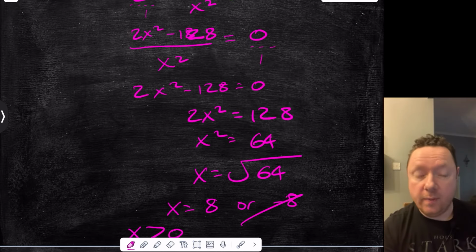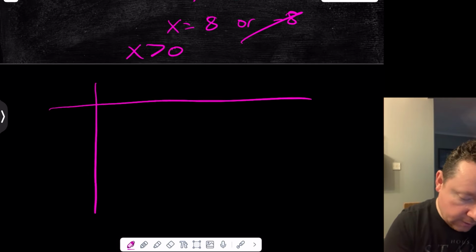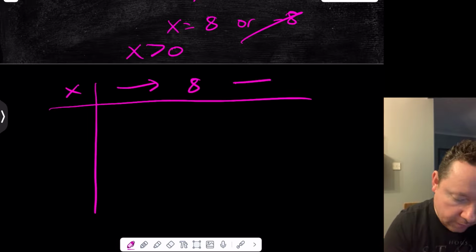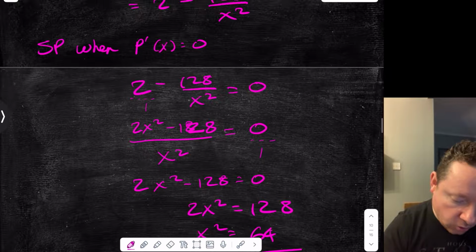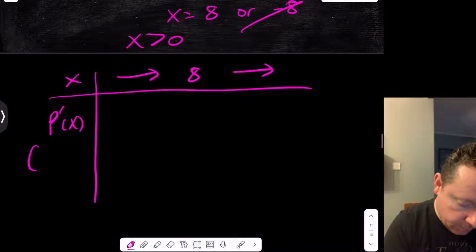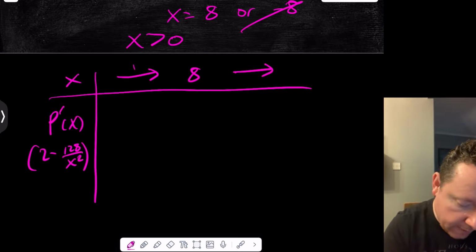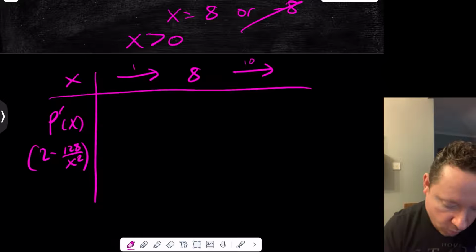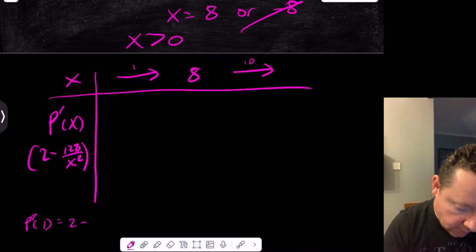We now need to do a nature table to make sure that it's a max or a min. So looking at our nature table, we've got x, we're going along 8 and along, and then we're looking at P dash x. So a reminder of P dash x, it was 2 minus 128 over x squared. Now obviously you can't pick 0 because you divide by 0, so any other number, 1 maybe, and 10. If I put 1 into this, I get P dash of 1 is equal to 2 minus 128.